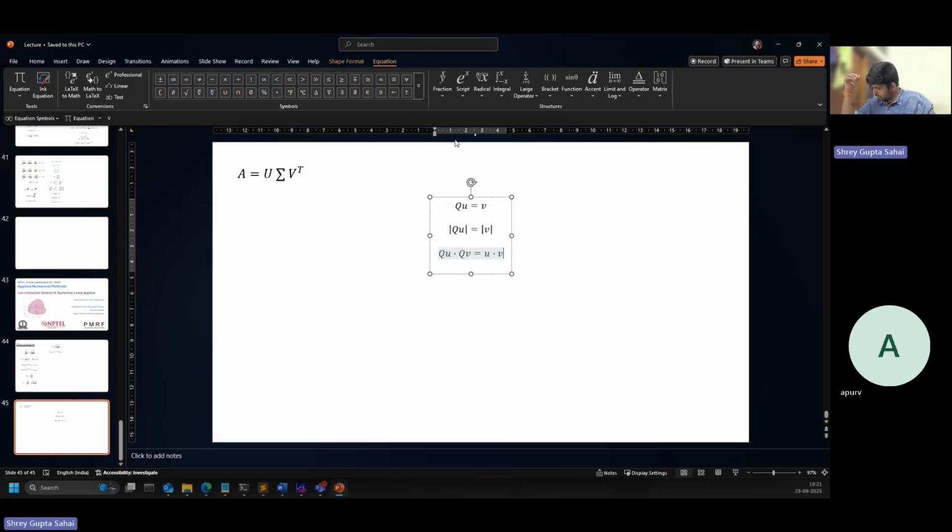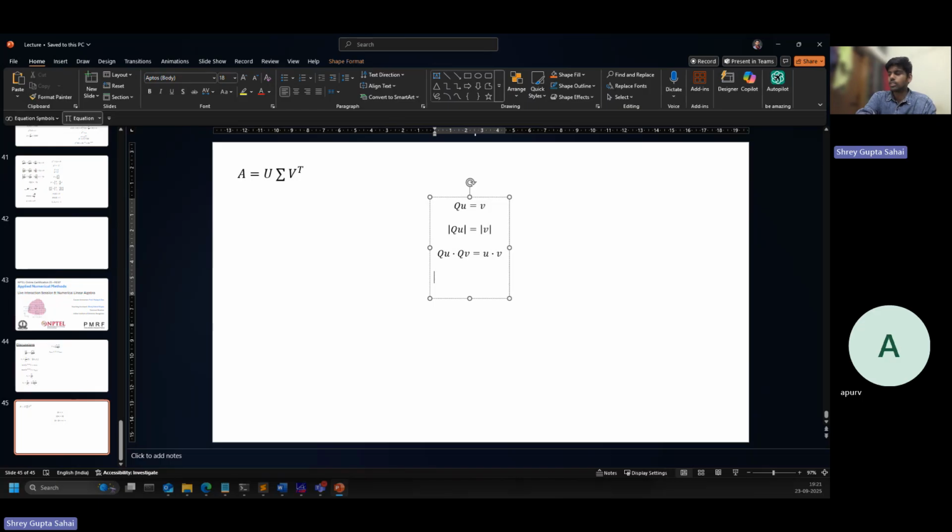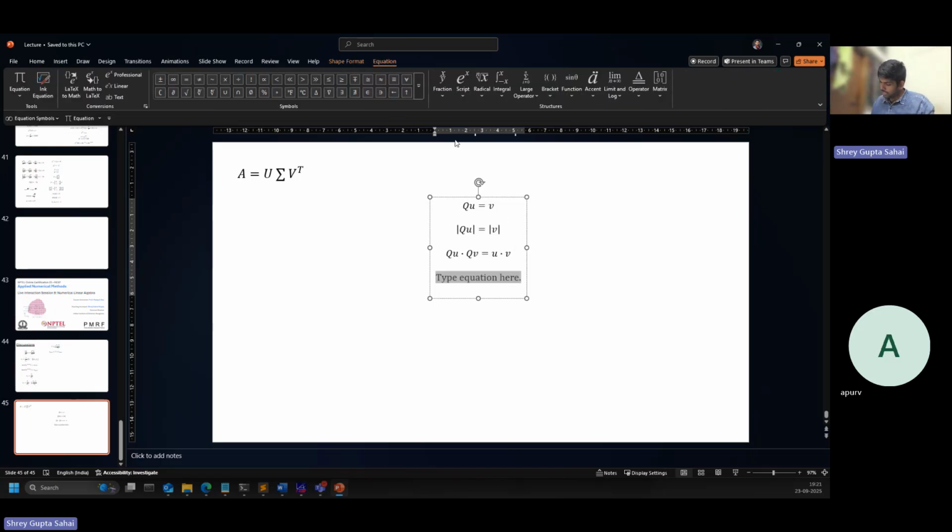Actually, there's a third definition also. All these three properties are maintained, but orthogonal matrices are characterized by this thing. That is actually better, I forgot to mention that. This is the criterion for orthogonality. If a matrix is orthogonal, then this will follow. And yeah, it's nice.